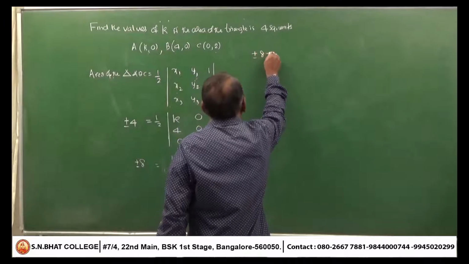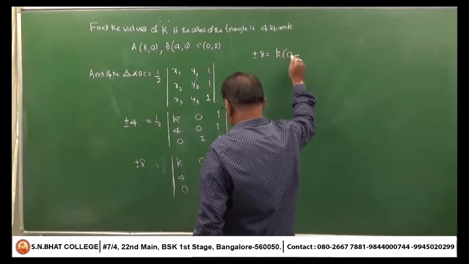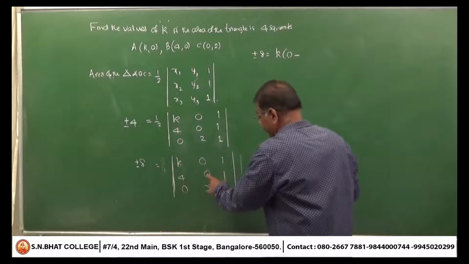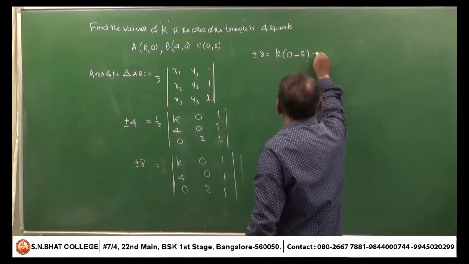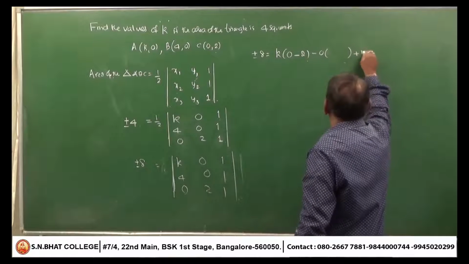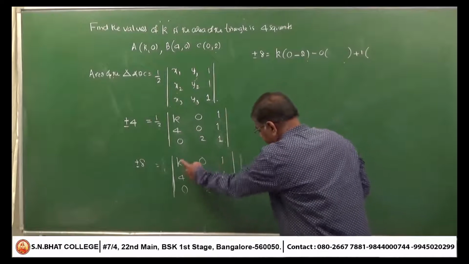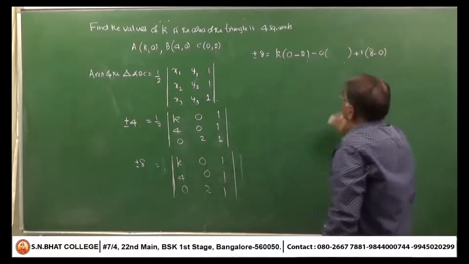Plus or minus 8 is equal to k into 0 minus 2, minus 0 multiplied by anything is 0, plus 1 into 4 into 2, which is 8 minus 8.